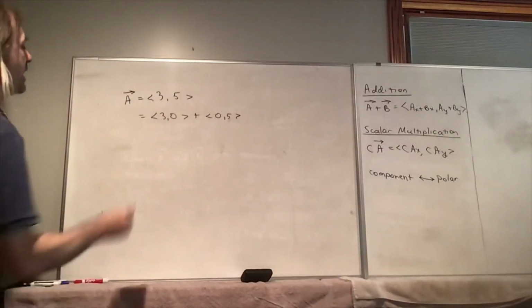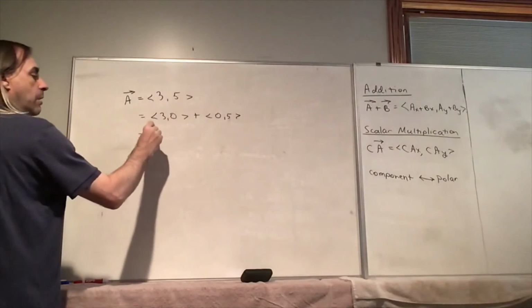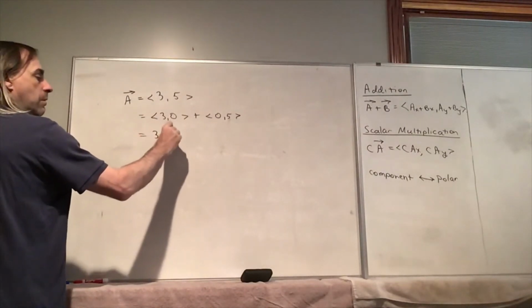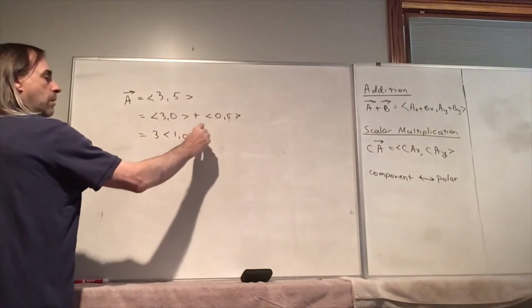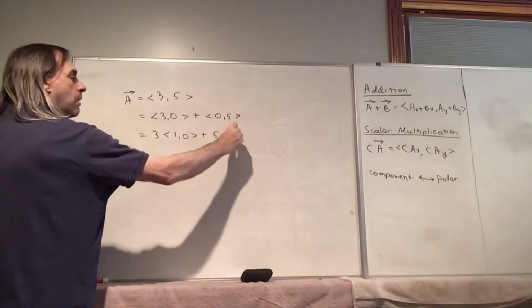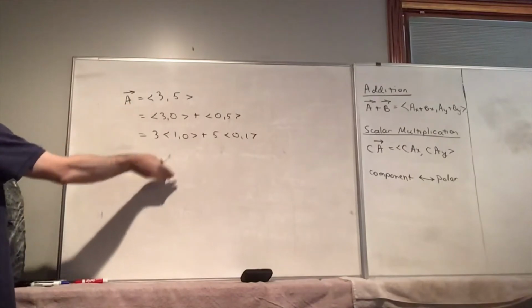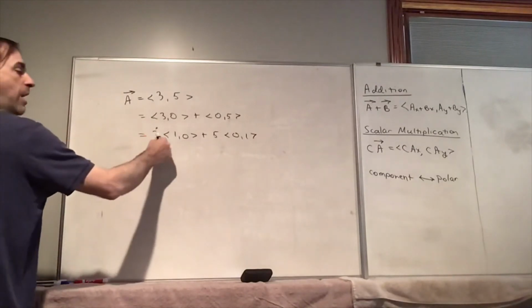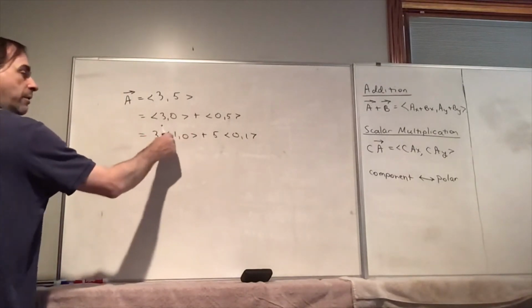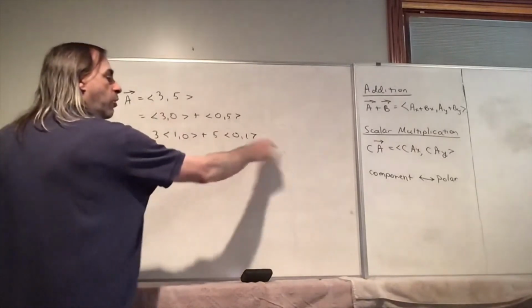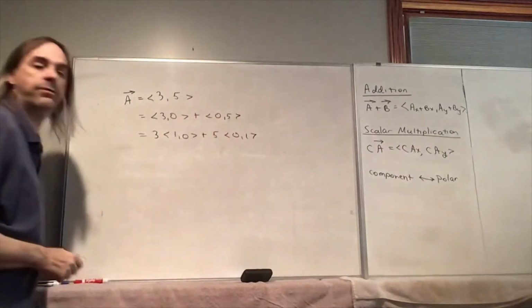And then using scalar multiplication, we can write it like this. If you just kind of go from this, it's kind of easier to see it backwards. If you multiply 3 times this vector, you get 3, 0. If you multiply this, you get 0, 5.